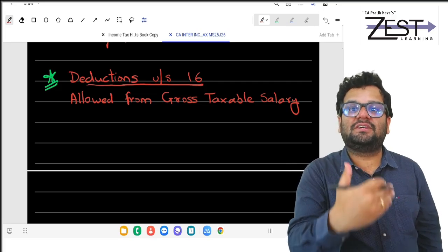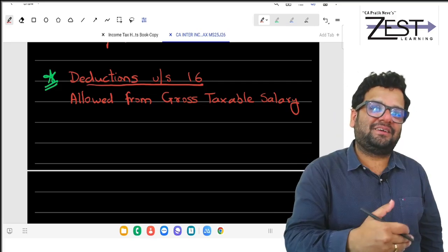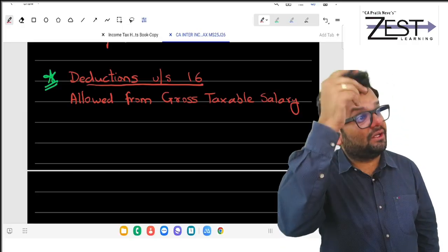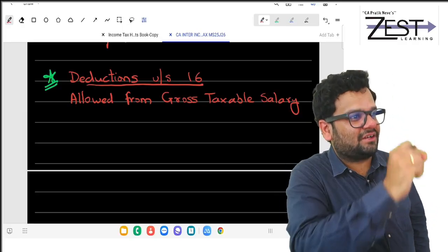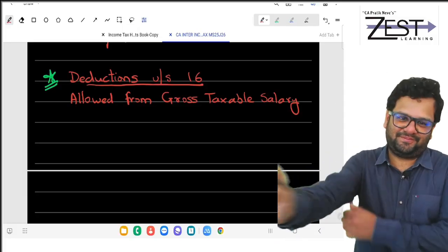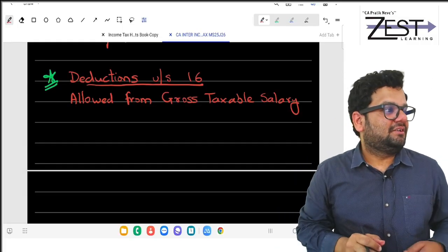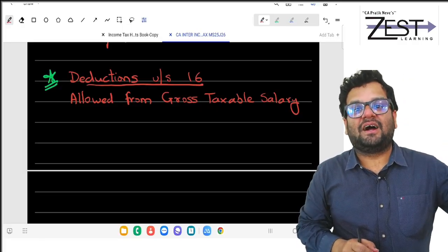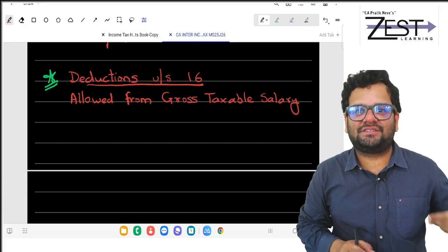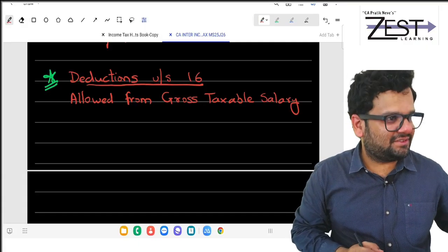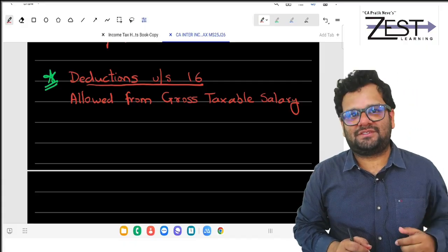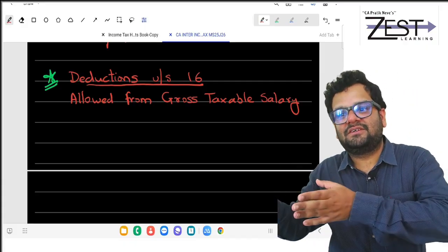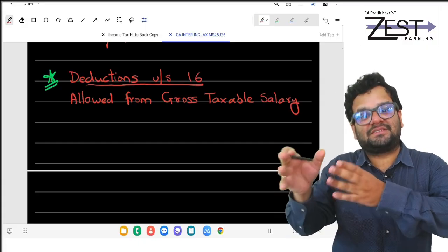I am assuming because yesterday we did the format of total income. In that total income check, what is the A point? Salaries. So in that you have written all these elements: basic, allowances, perquisites, provident funds, retirement benefits. Sum total of this is gross taxable salary.